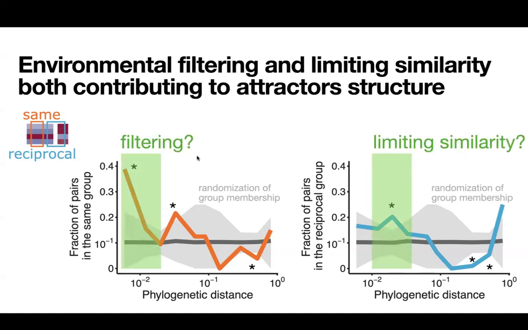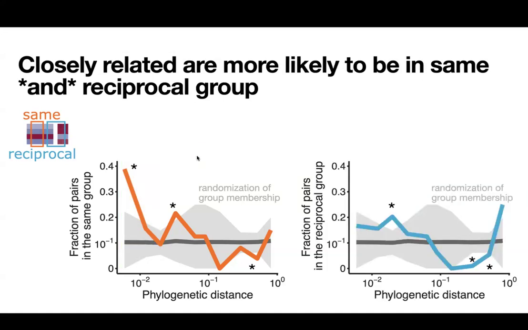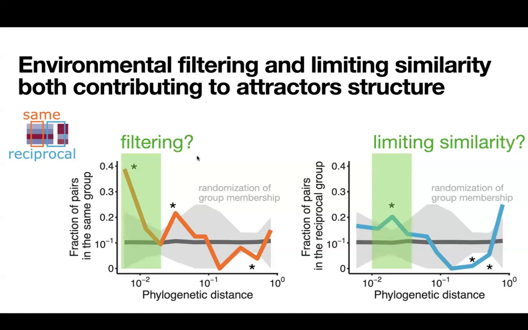And so the question that we have is, well, it seems that there are two forces shaping these attractors at the same time. One is ecological filtering, environmental filtering, so that the same attractor corresponds to similar environments, and therefore you tend to have species that are similar in the same attractors because they have the same response.